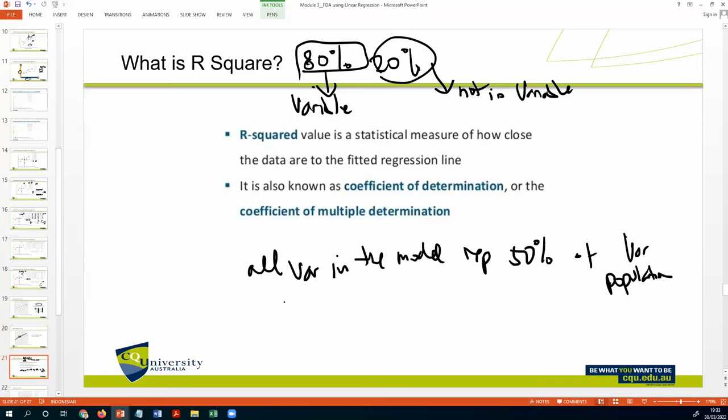Meaning there is another 50% of variable not included in the model.